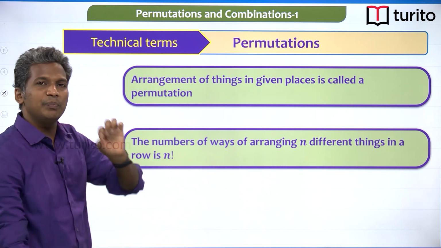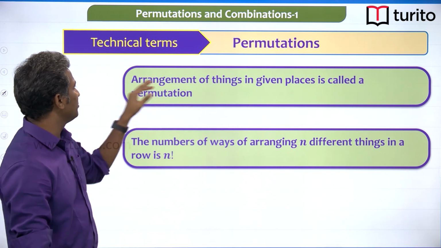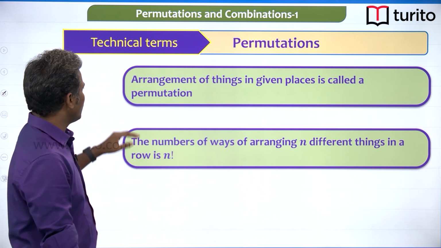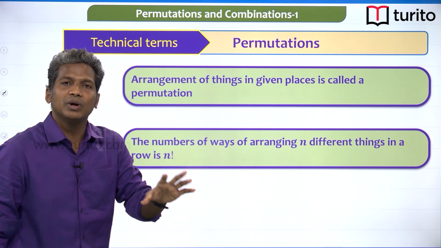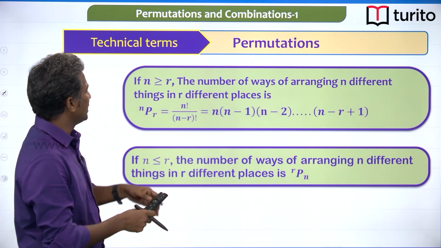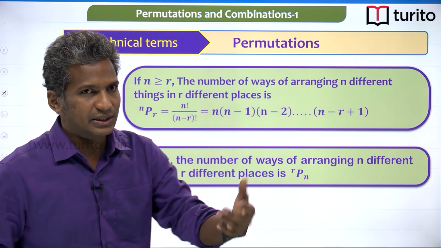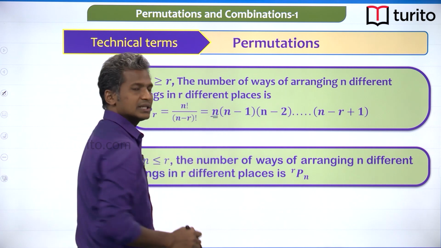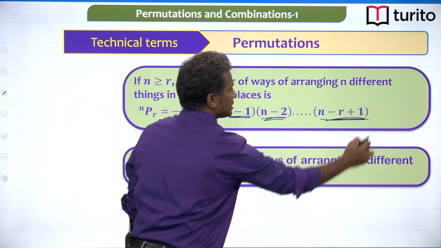So we define P as the permutation, C as the combination, and permutation means arrangement, combination means selection. So when we arrange n objects in n places or in a row, it is done in n factorial ways, and similarly NPR means arrangement of n people in R seats, which can be done in these ways, okay. So for example, here if you understand, this is the first seat, this is second seat, third seat, and this is the last seat.